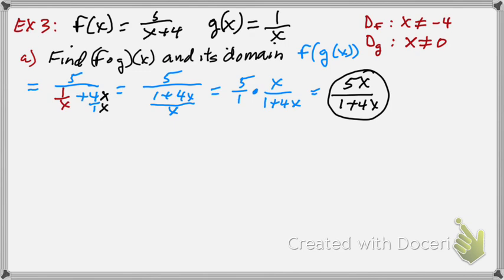What value could g send that would break this? One way of looking at this is, I'm getting a value from g, this 1 over x. What would be the bad value I'm getting from g to break f? -4, right?